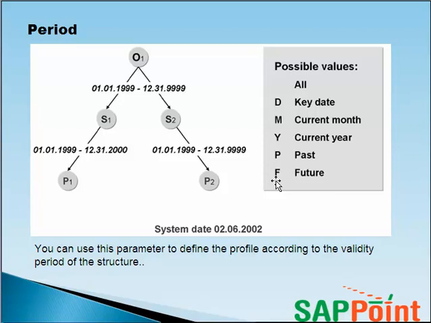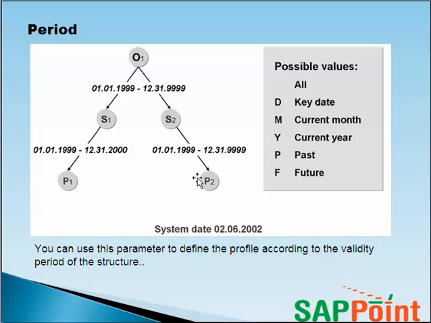That is, if you leave that period field blank, I mean, you don't make any entry in that field. So, for example, let's say this is the system date, 02/06/2002, and in the period field you enter D. Then the user is only authorized to access P2.